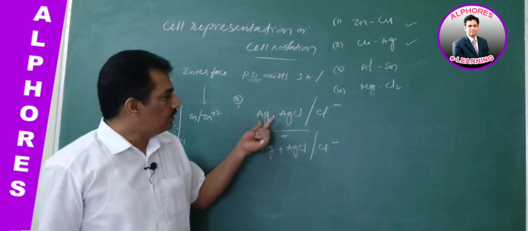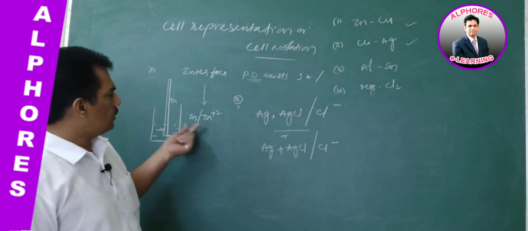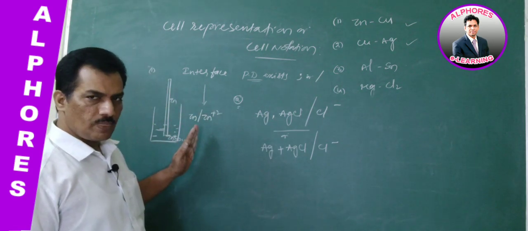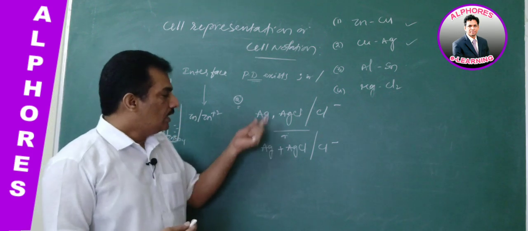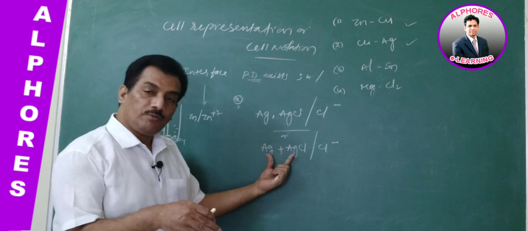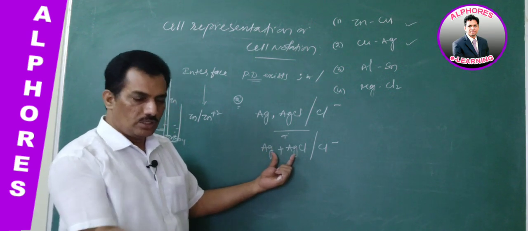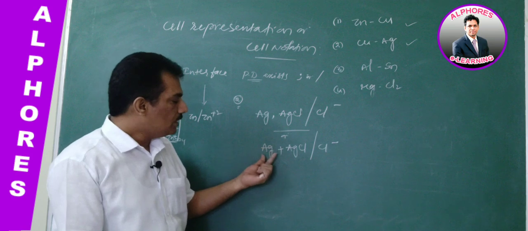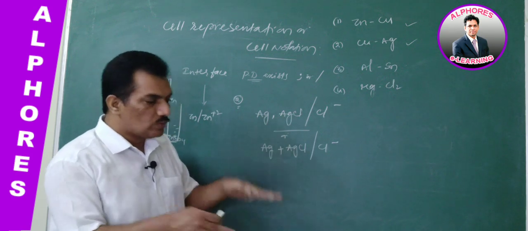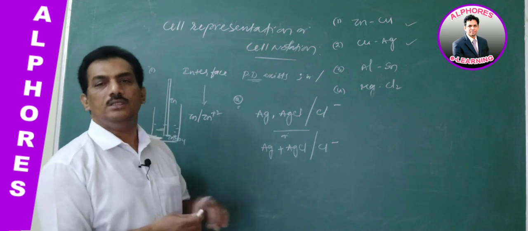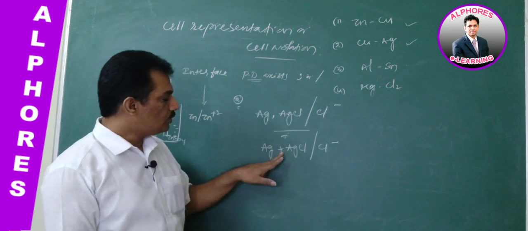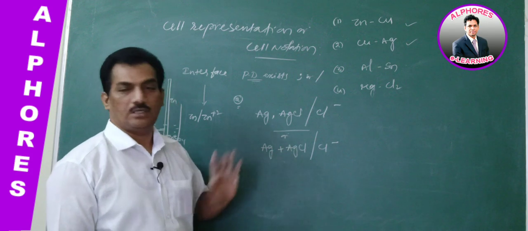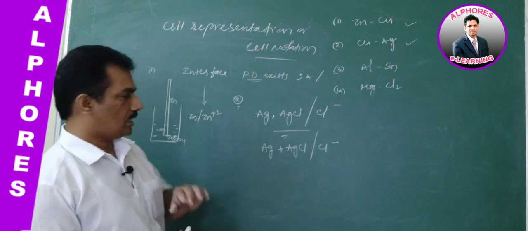So in such a case, when only metal is present, the potential difference existence is represented with the line. But when along with metal, a metal salt is involved, both these two are the components. In such a case, metal and metal salt are separated by a comma, or simply you can use metal plus metal salt. Clear? That is the second convention.